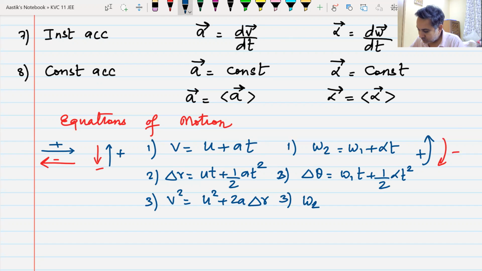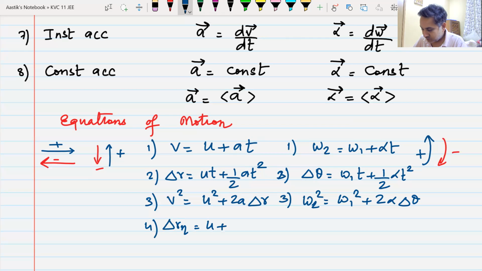Here omega 2 square is omega 1 square plus 2 times alpha into delta theta. Fourth equation was displacement in the nth second. Here it was angular displacement in the nth second.